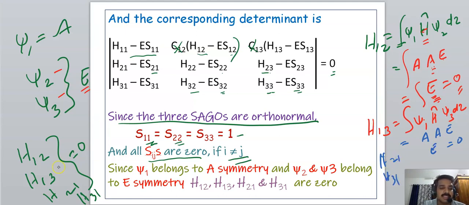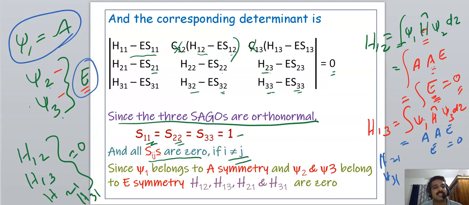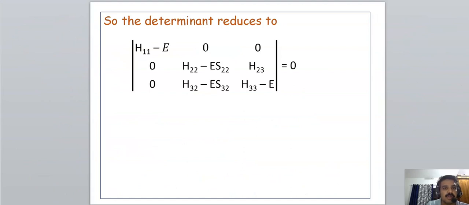Because psi 1 has A symmetry and psi 2 and psi 3 have E symmetry, they do not interact. That is a simple point. That means these terms H12, H13, H21 and H31 are 0, because psi 1 does not interact with psi 2 and psi 3, as psi 1 has a symmetry of A, and psi 2 and psi 3 have a symmetry of E.